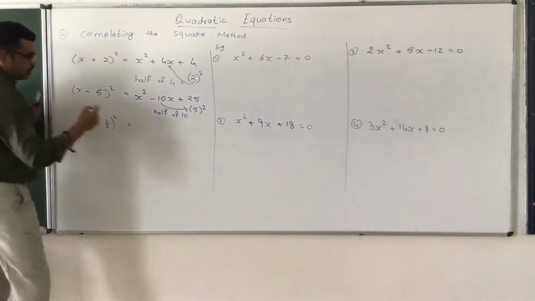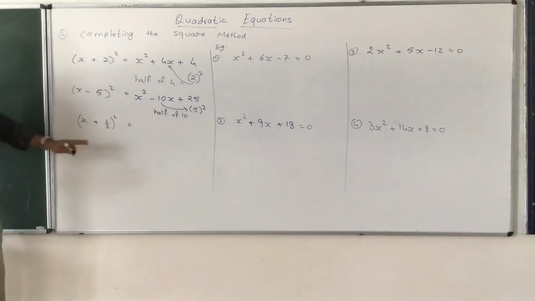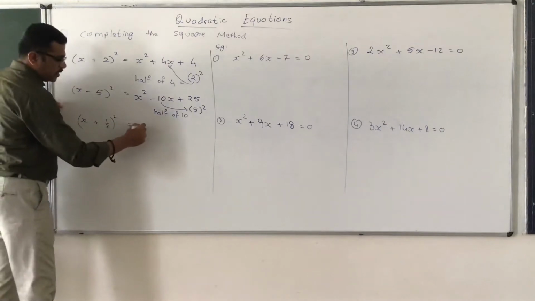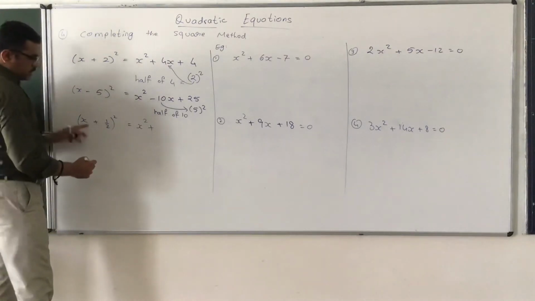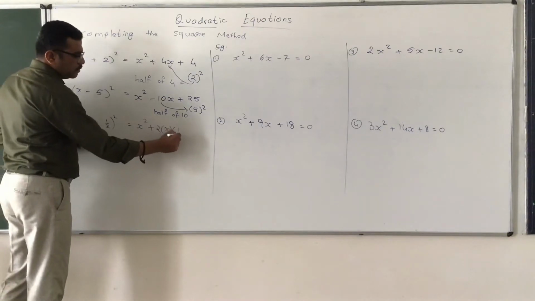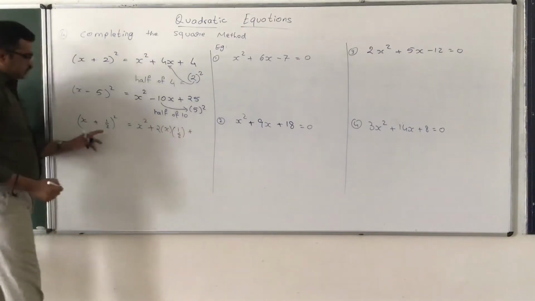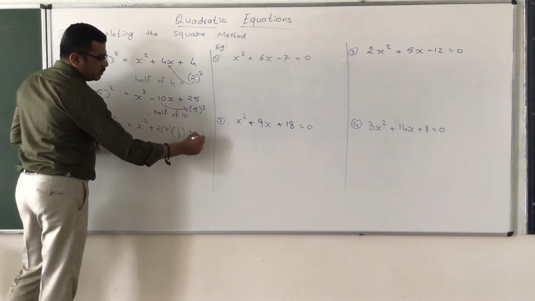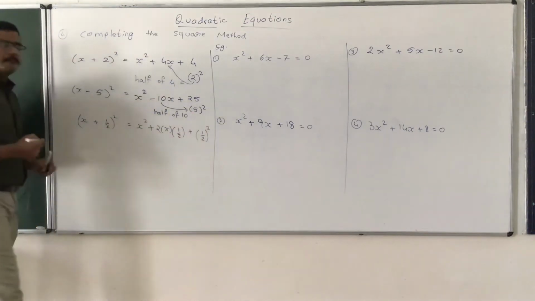One more example, if we see this fractional part, x plus 1 upon 2 the whole squared, it gives x squared plus, if we solve 2ab, 2 into x into 1 upon 2, plus b squared, that is 1 upon 2 the whole squared.